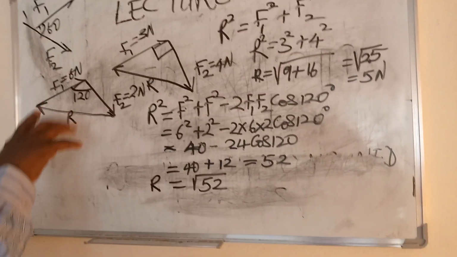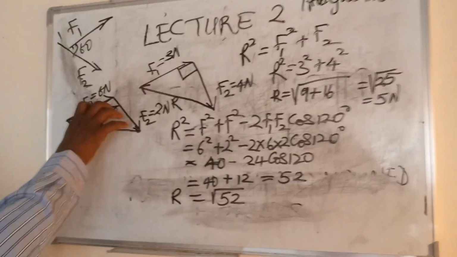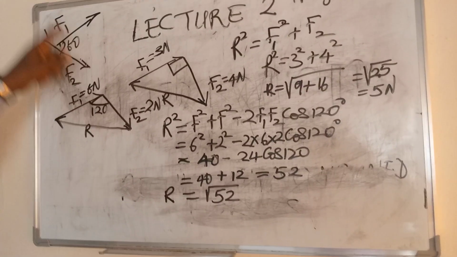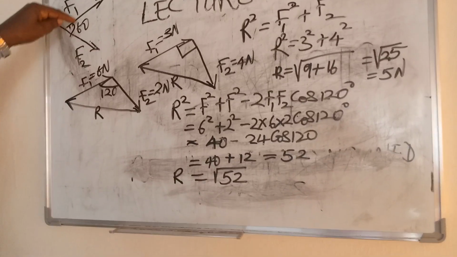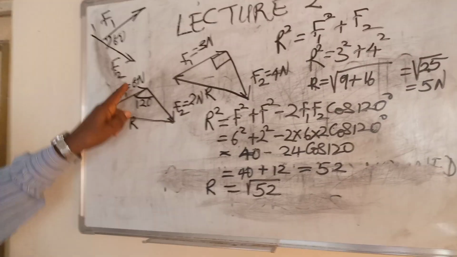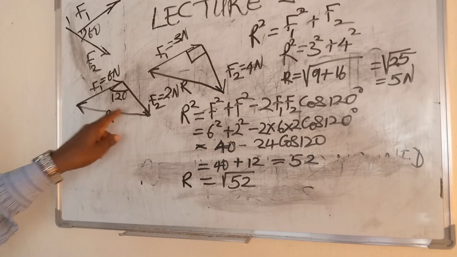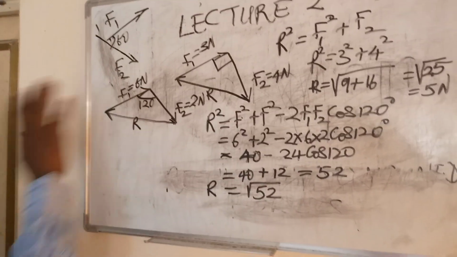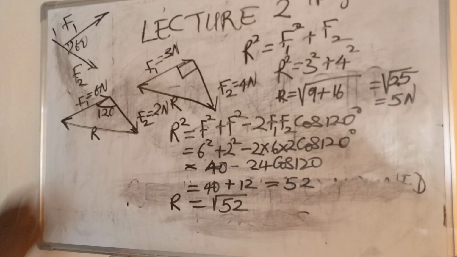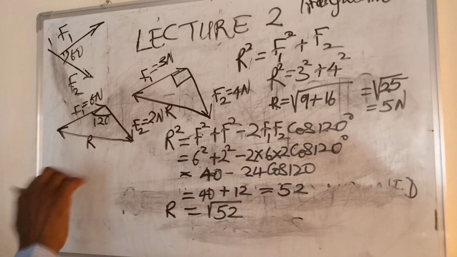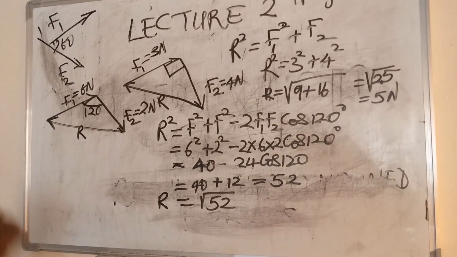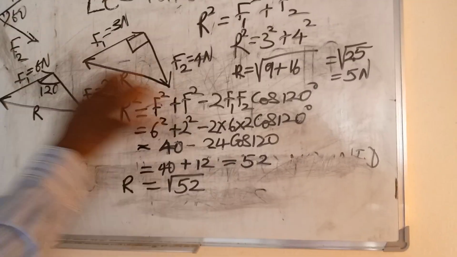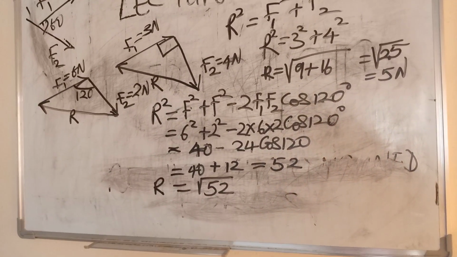So when we do this, we now get a triangle, and the angle between them this time will be 180 minus the previous angle at which they are meeting, when it's arranged well for calculation. From there, by cosine rule, R squared is equal to F1 squared plus F2 squared minus 2F1F2 cos of whatever angle, which in this case is 120 degrees.